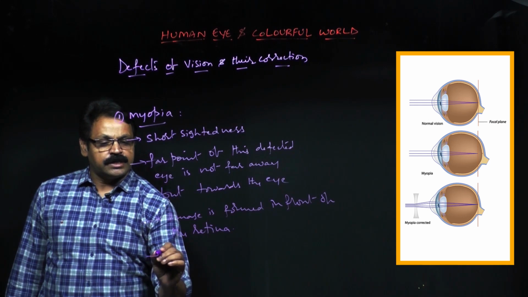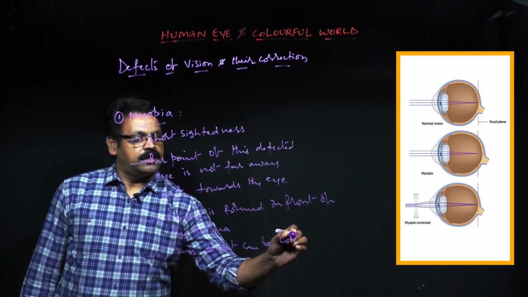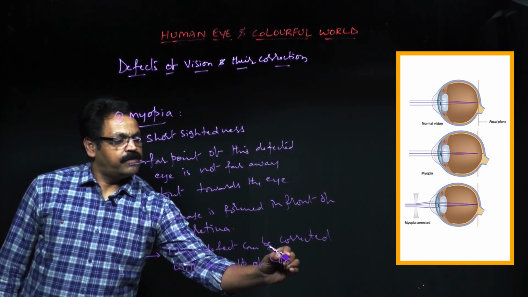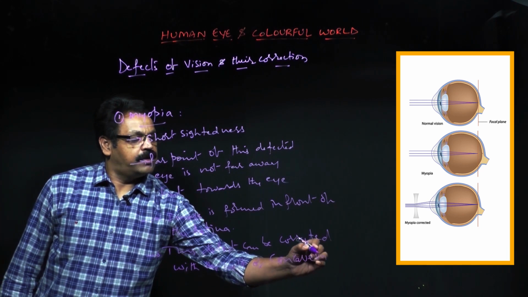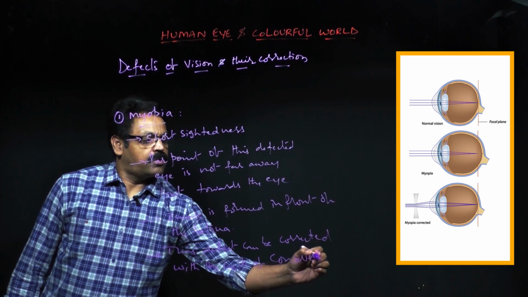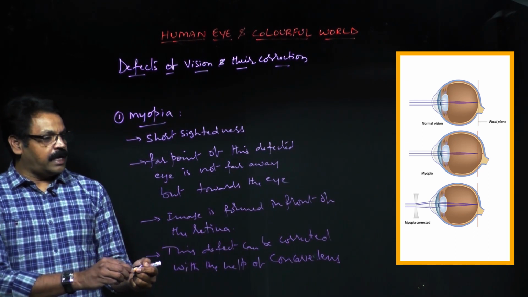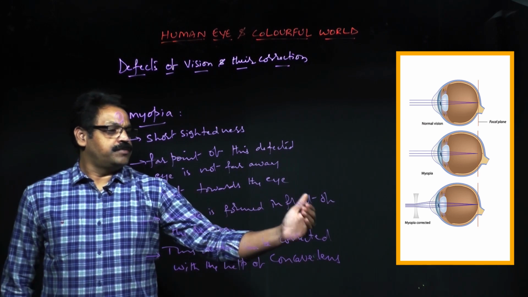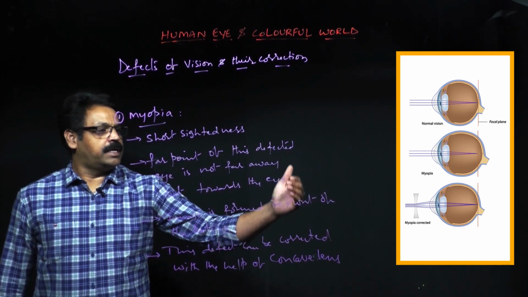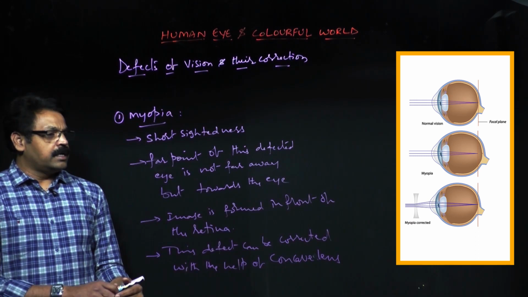In such a case, this defect can be corrected with the help of a concave lens, in fact, not the mirror, a concave lens. So by keeping the concave lens before the eyeball, before the eye lens, the image which is formed before the retina can be brought back to the retina so that the correction can be done.